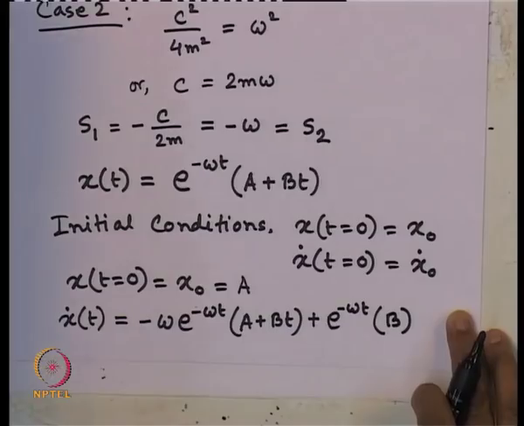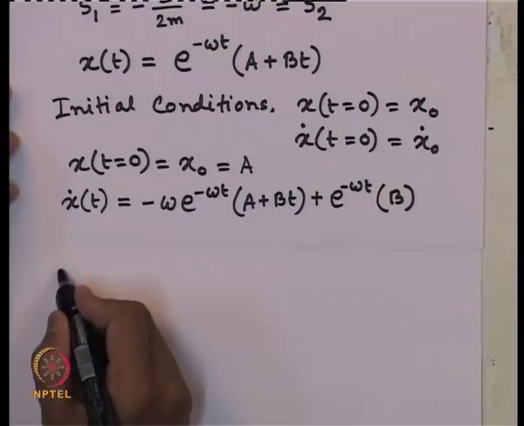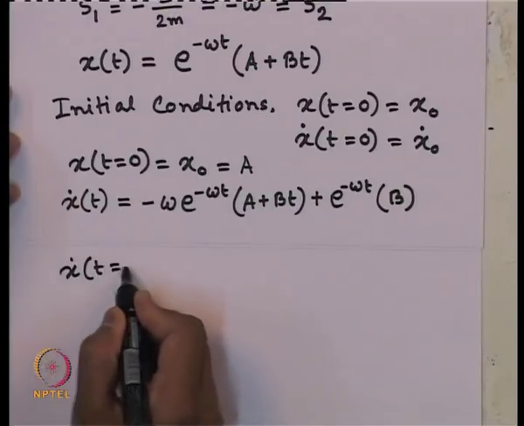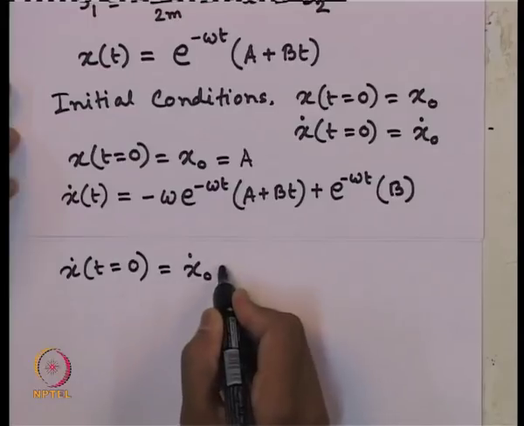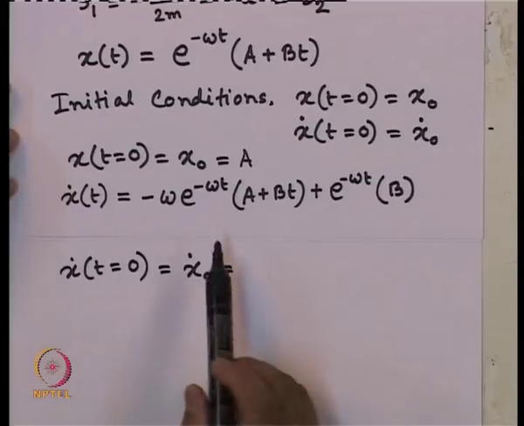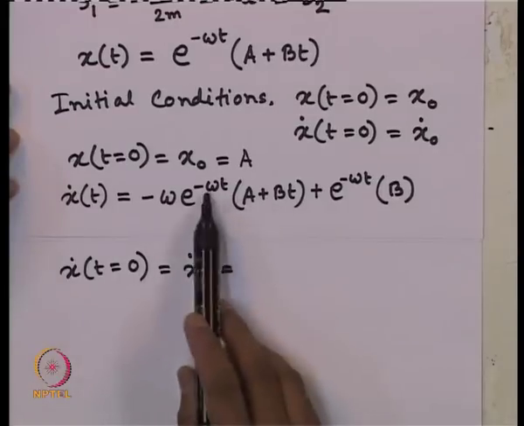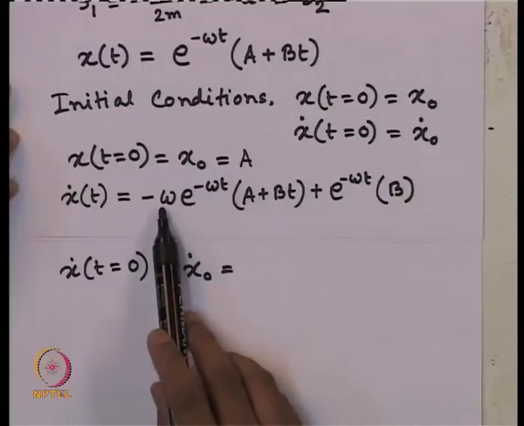Now, let me put the other condition, that is the initial velocity condition, in the solution. Let us look back here. So, x dot at t equals 0 is x naught dot, known to us. If we put t equals 0 in this expression, what are we getting?